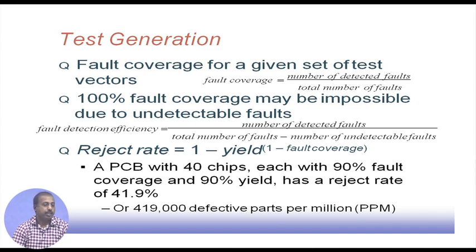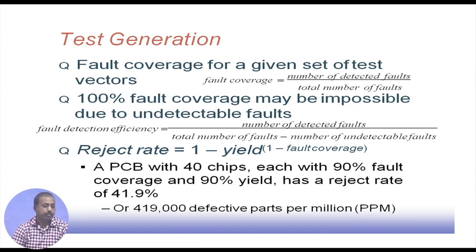So we cannot get 100% fault coverage. But even if the circuit does not have redundancy, it is very difficult to get 100% fault coverage, because it will require a very large test set. The test vector set will be very large. That is why 100% is not achieved in most cases.